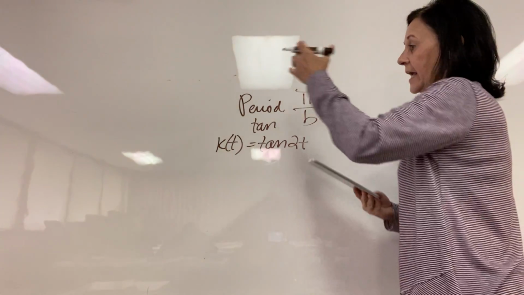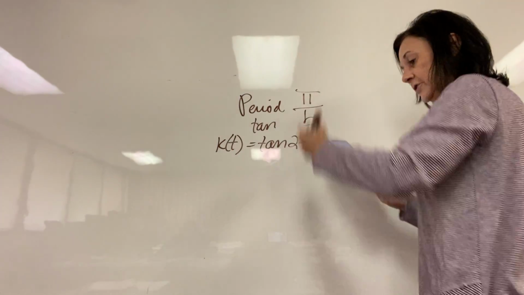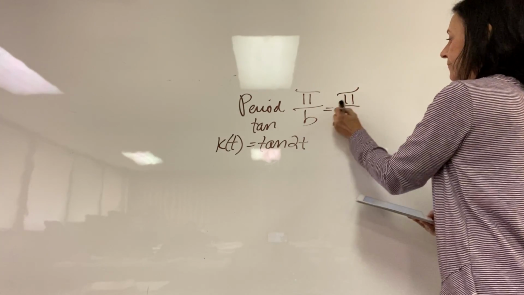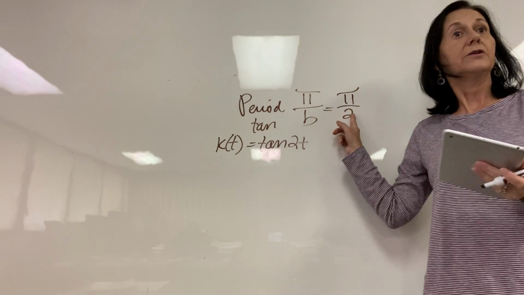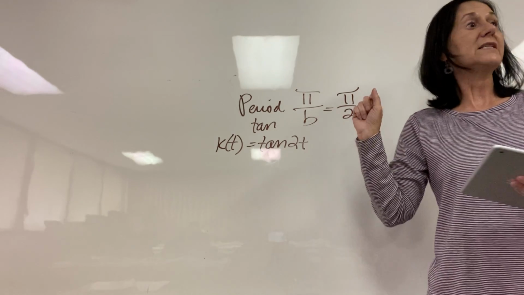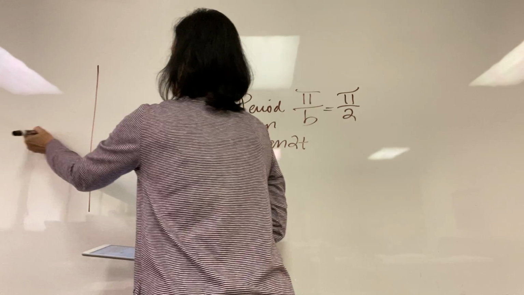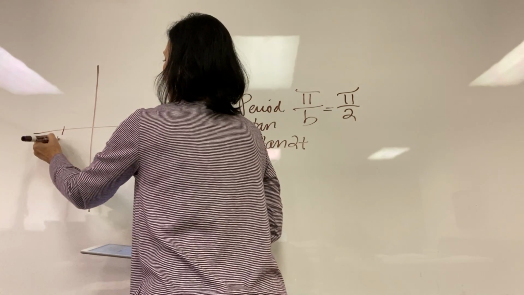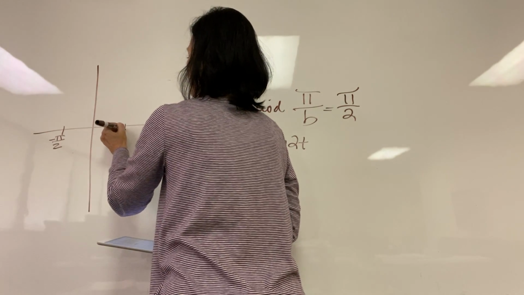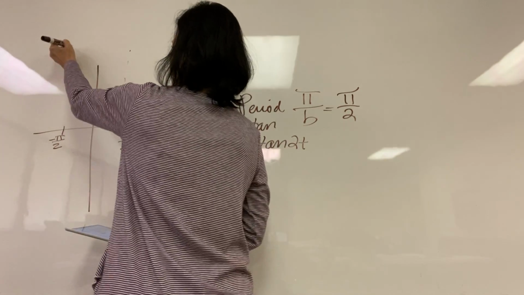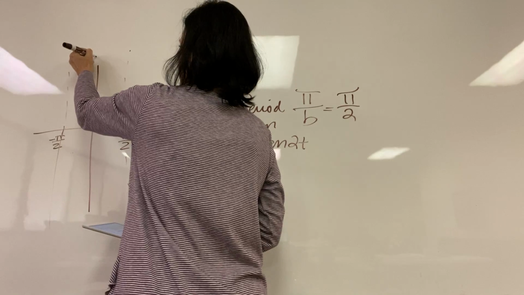So, in its standard period, negative pi over 2 to pi over 2. But what is its period going to be? It's going to be pi over that b value, 2. So instead of going from negative pi over 2 to pi over 2, we still have these asymptotes, but it's going to complete 2 cycles.